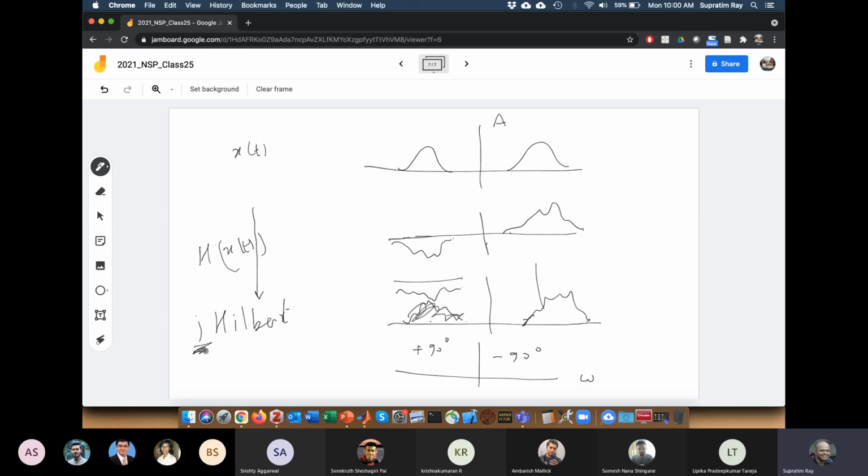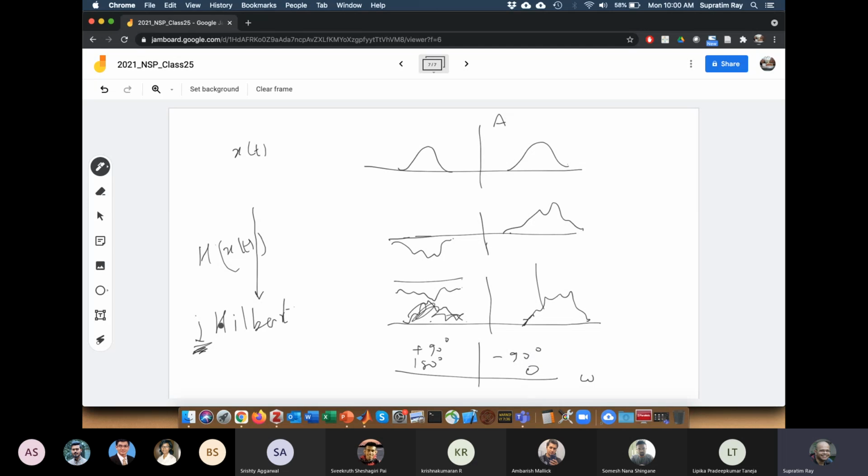When I multiply it by J, which is a positive 90 everywhere, essentially it becomes 0 here and 180 on this side. So essentially I'm flipping the vectors by 180 degrees everywhere on the negative axis, and I'm not doing anything on the positive axis.